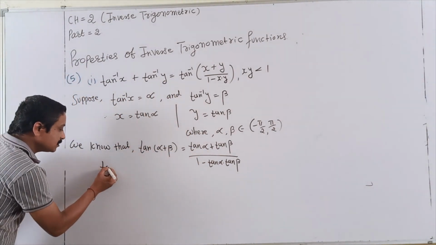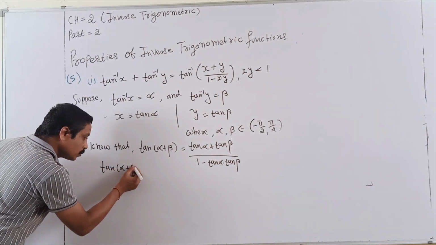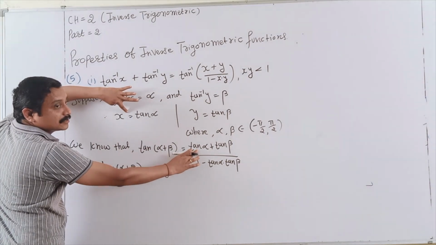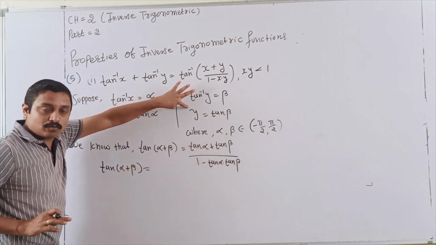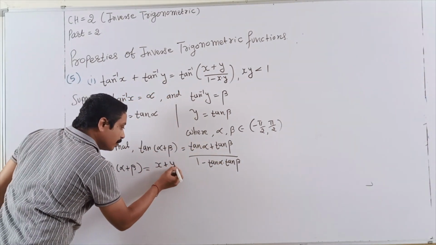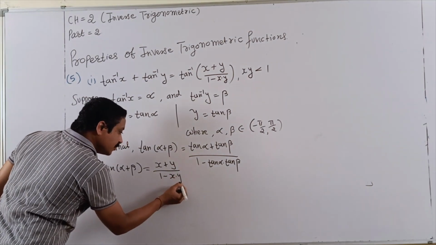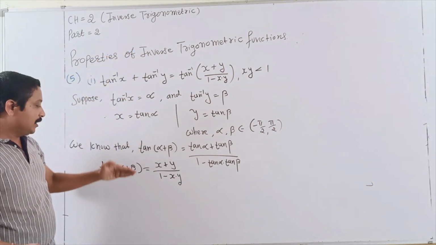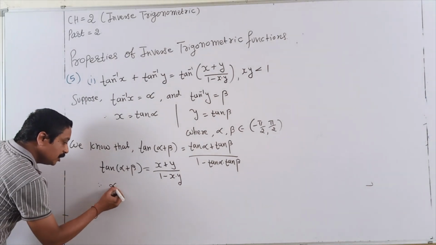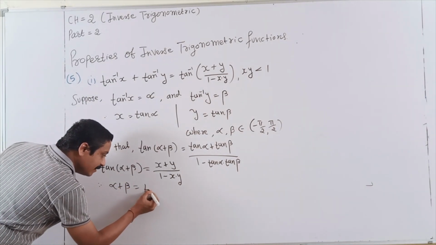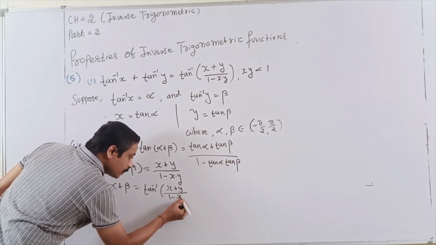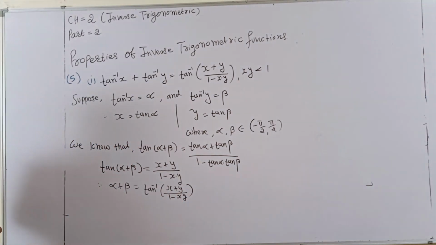Tan alpha is clearly known here as x, tan beta is also clearly known as y. So (x plus y) upon (1 minus xy). So your property is finished. You just take the inverse function on both sides. It is tan inverse of (x plus y) upon (1 minus xy).